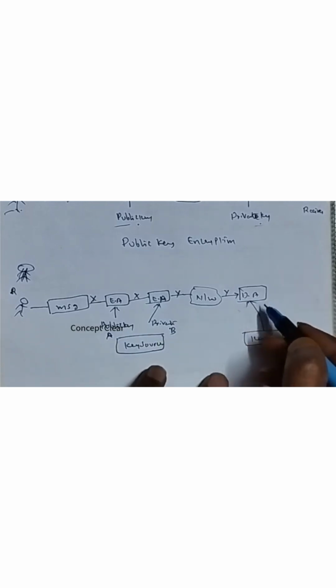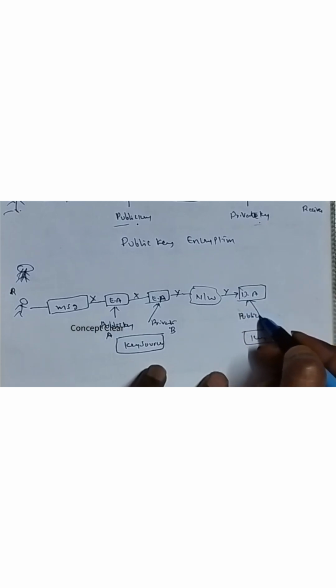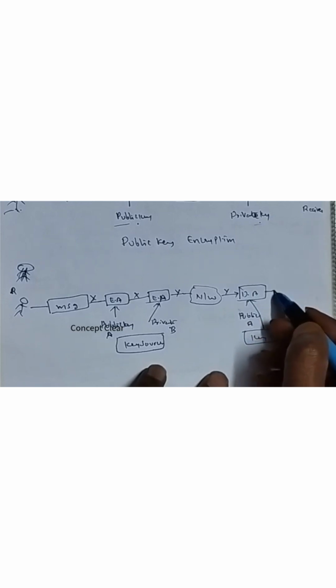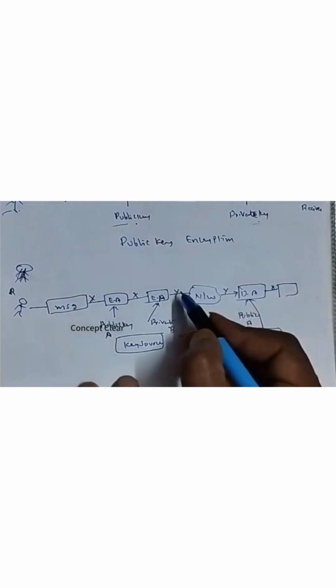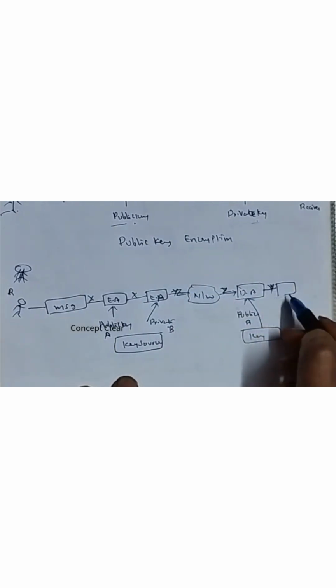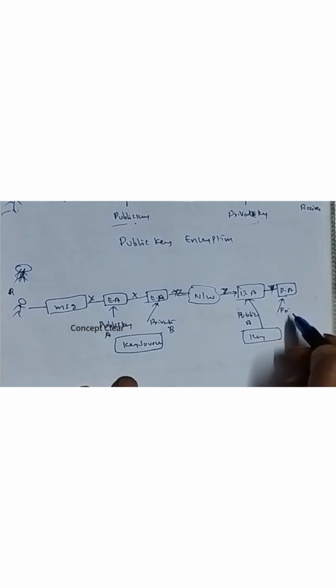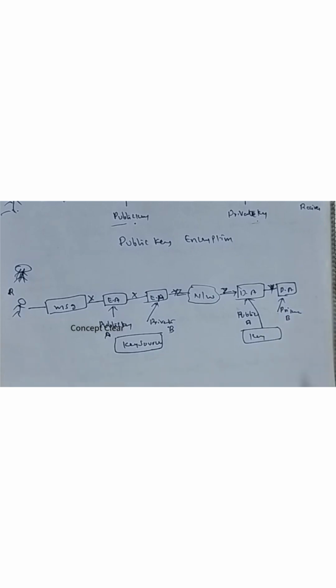Here, public key A, private key B. Again here it will take the public key A, and then we will get Y. Sorry, it is Z. We are receiving Z, and again we get Y. So again, we decrypt with the private key of B. And finally, we get the original message at the receiver side.